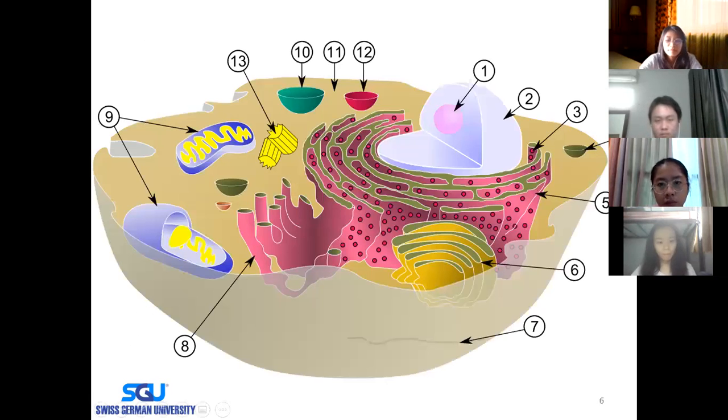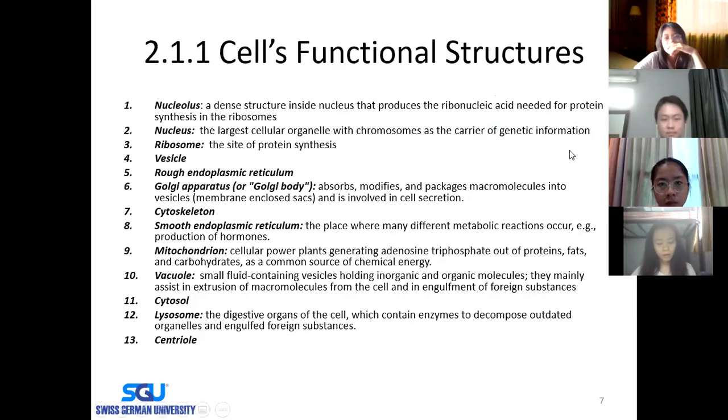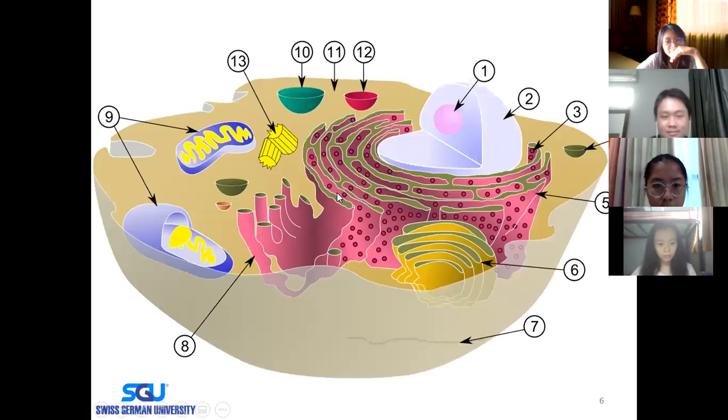Number four, where is number four? Here is the vesicle, the vesicle body. Usually it is used to secrete waste from the metabolism. Number six is the Golgi apparatus. Where is number six?